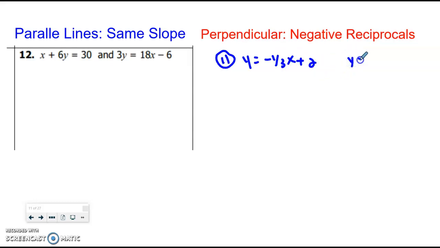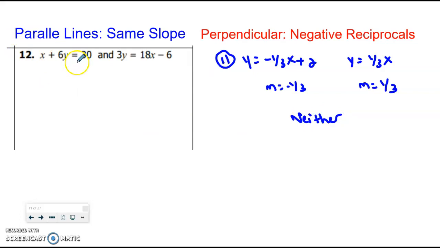And then the other one is y equals 1/3 x. So the slope of this line is negative 1/3. This slope is 1/3. Are they the same? No. Are they negative reciprocals of each other? No. So there is no relationship, or they are neither.